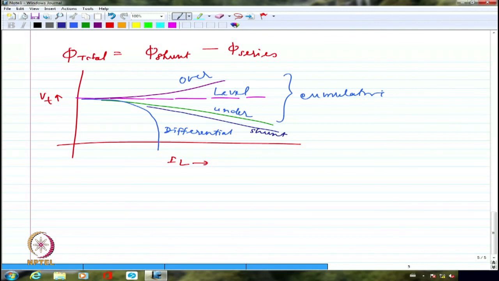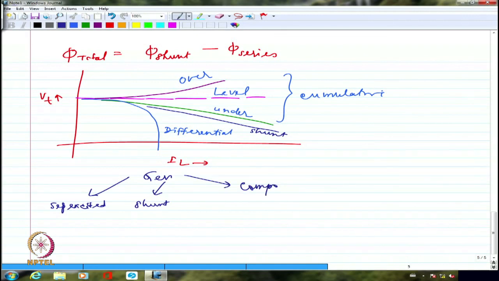This is another type. If you look at the DC generator configurations, one is separately excited, which we have seen already. The second is shunt. The third we called compound. Inside the compound generator, I can have long shunt and short shunt, depending upon the connection.